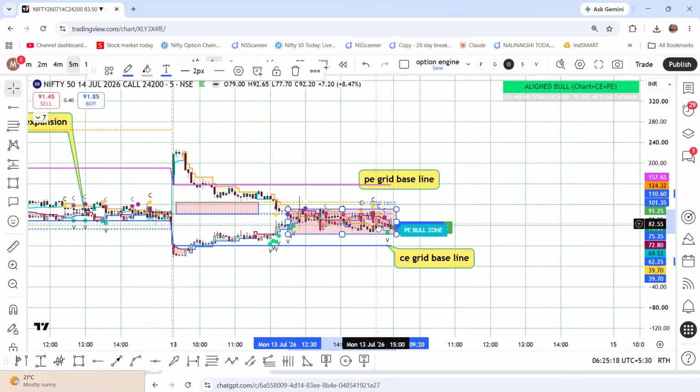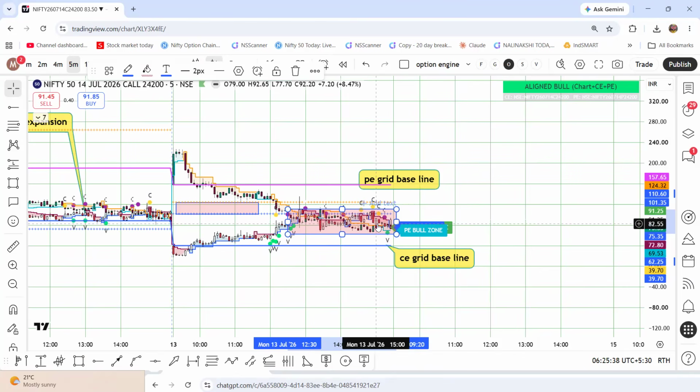So now, today, if the market starts going down, then call option premium and put option premium will expand again. Then you need to see, you have to shift to the same when the price approaches that level.